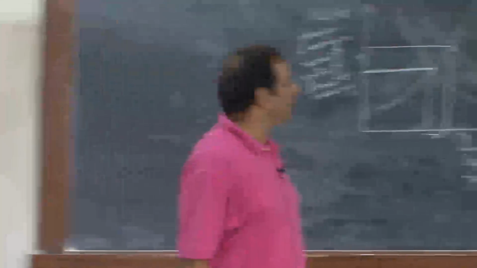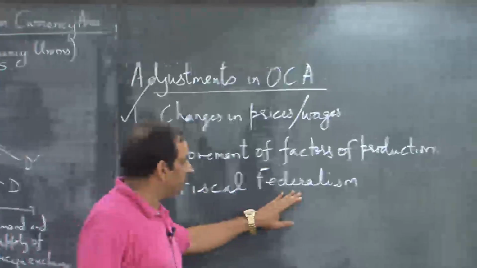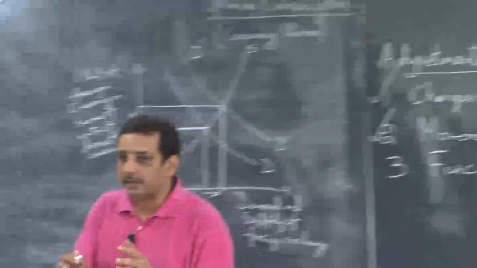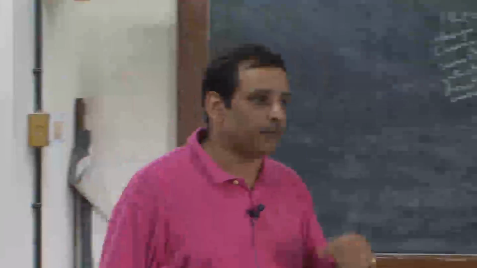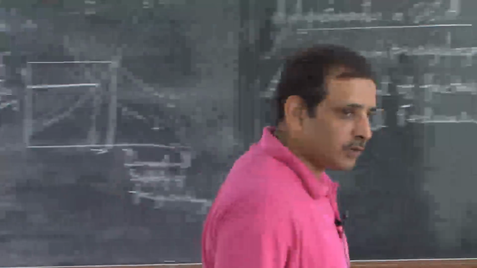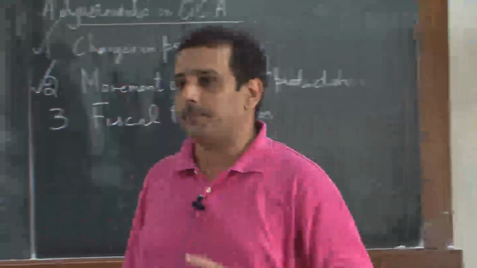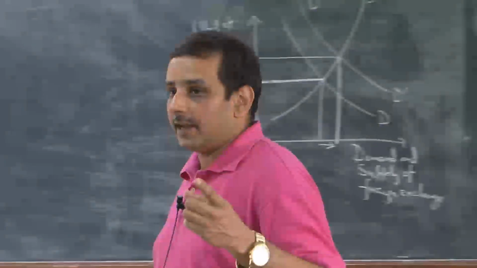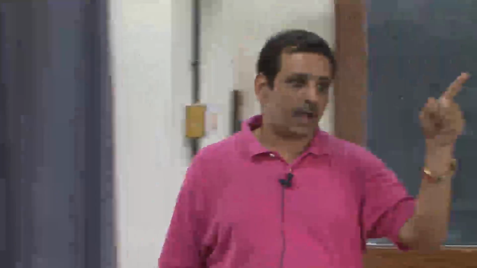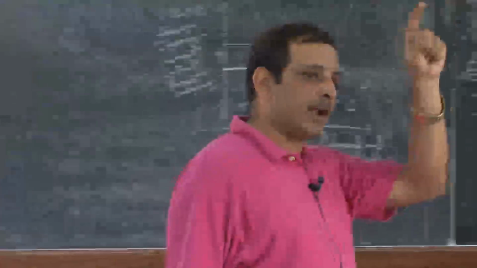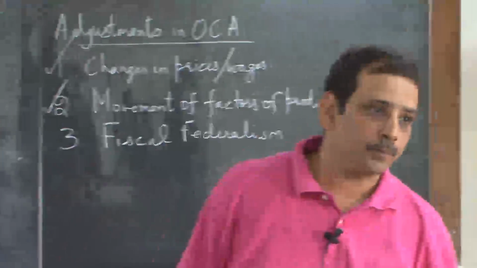OCA works if you have fiscal federalism, in the sense that you have fiscal union, because if the demand for the foreign goods goes up, the production goes up, the income goes up, the tax that you generate in the foreign country also goes up. Okay? So, if the tax goes up there, the aggregate demand in the foreign country goes down.